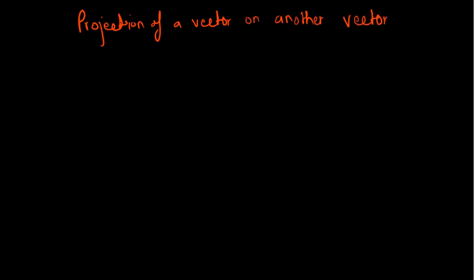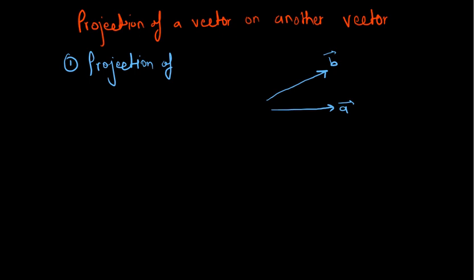Let's suppose this is the vector A, and we have another vector, B. This is my B vector. Sometimes a question is asked: what is the projection of A on B, or what is the projection of B on A? We will first discuss the projection of the B vector onto the A vector.